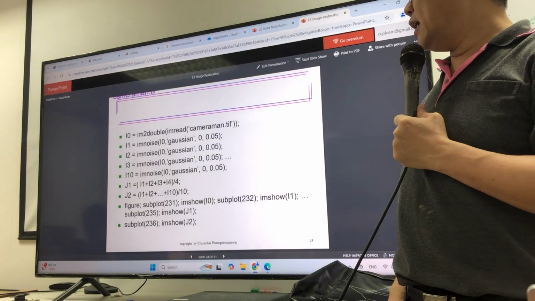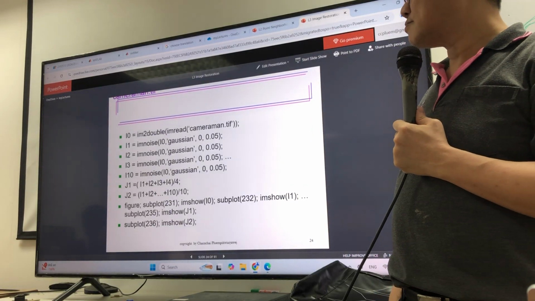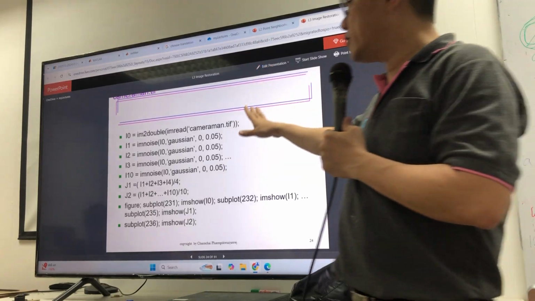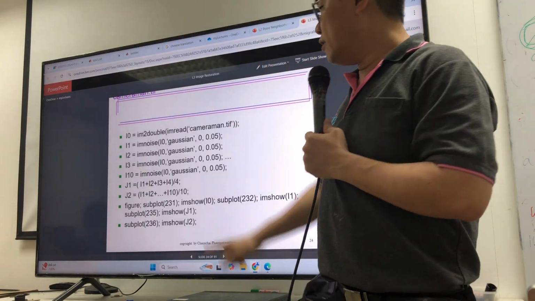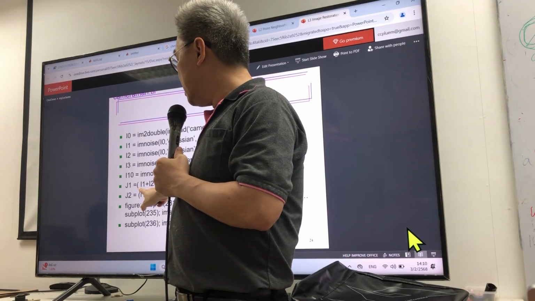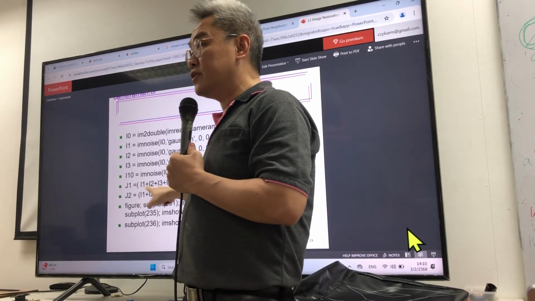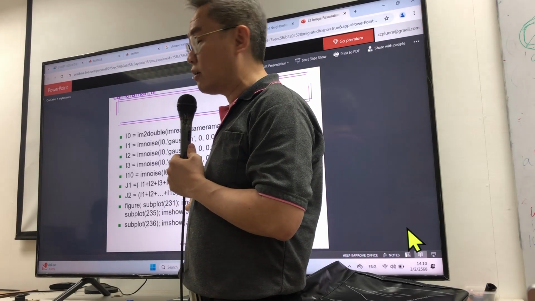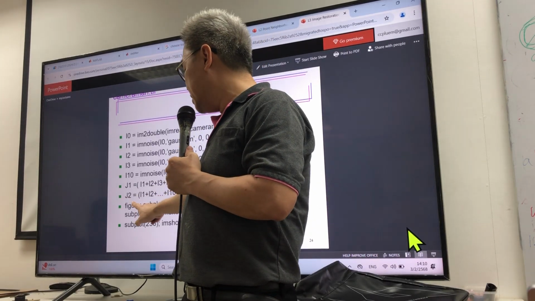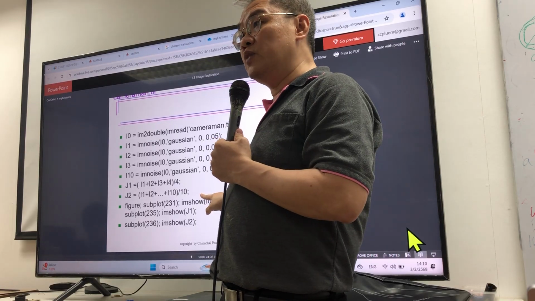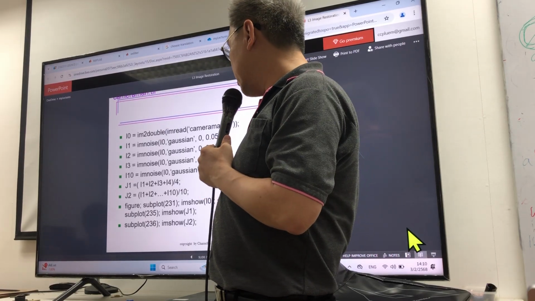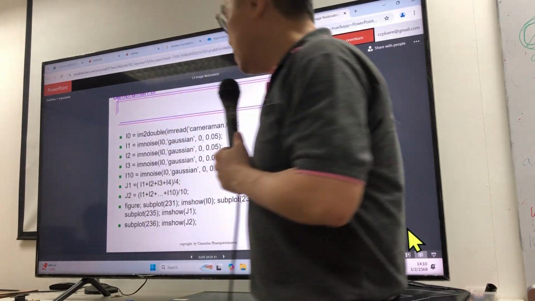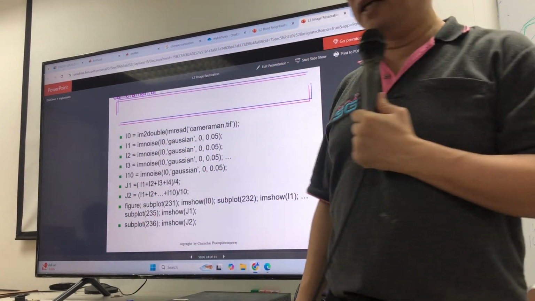Then first you have J1, the average of 4 images: I1 plus I2 plus I3 plus I4 divided by 4. Then J2, the average of 10 images. Then show both J1 and J2 and see what happened. Go ahead and do that.